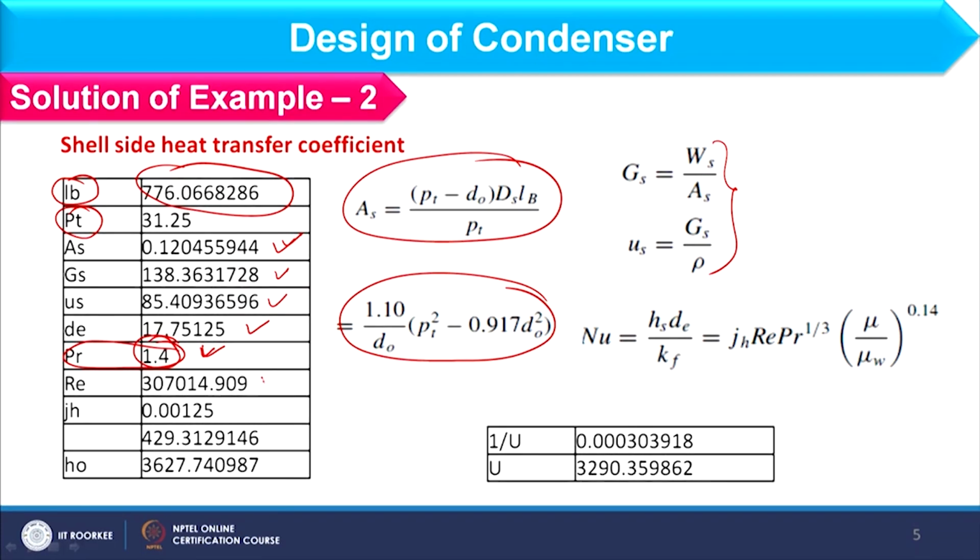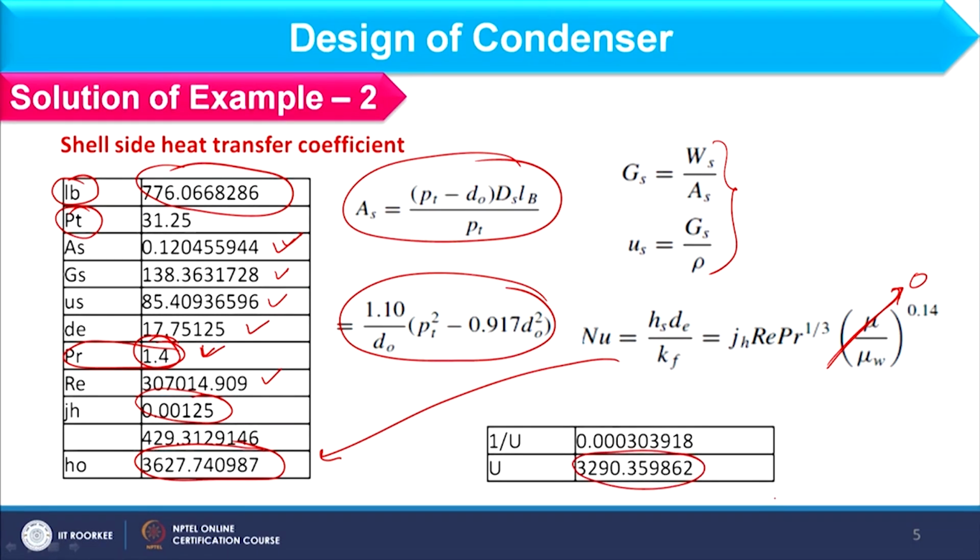So, depending upon the Reynolds number, you can find out JH value from the graph as we have discussed in previous examples also, and so you can find out heat transfer coefficient in shell side considering this expression, right, neglecting viscosity correction factor.